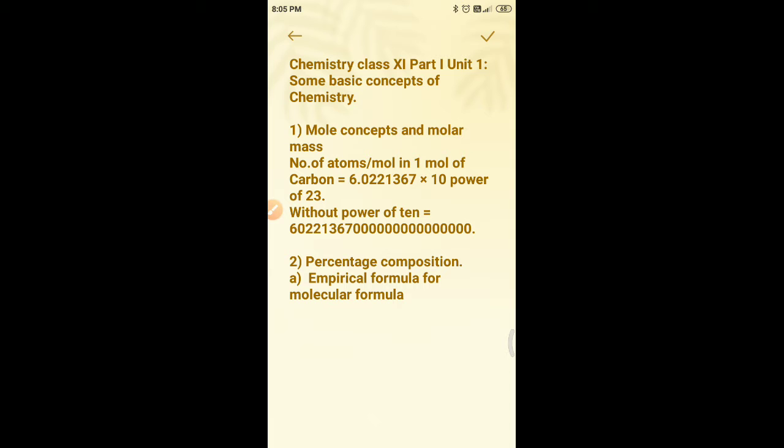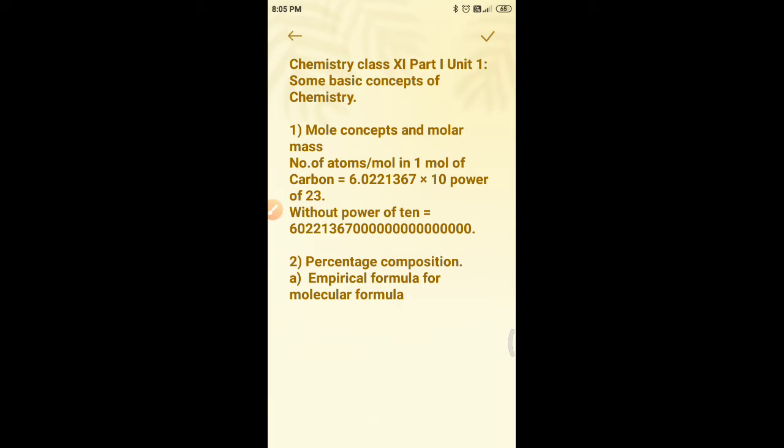Hence, so many entities, whether atoms, molecules or any other particle, constitute 1 mole of the particular substance. Therefore, 1 mole of hydrogen atoms is equal to 6.022 × 10^23 atoms. One mole of water is 6.022 × 10^23 water molecules.